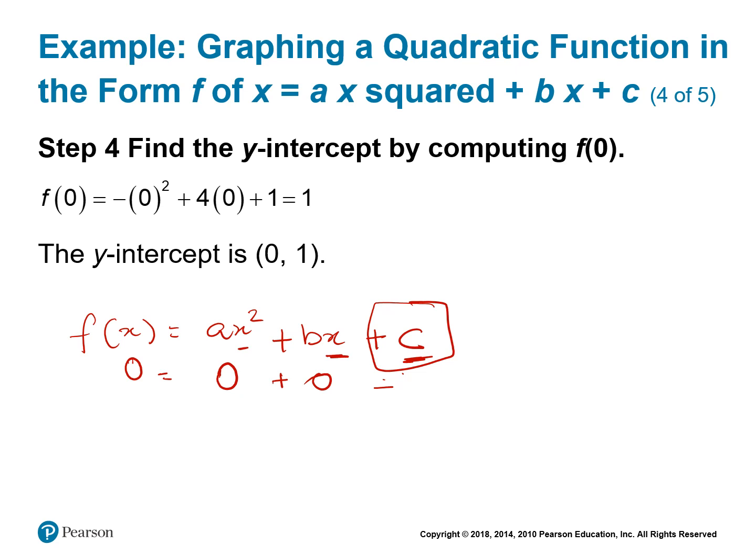So that's what they meant. So the y-intercept is 0, comma 1, because the constant term here was 1. So now we'll go into step 5 and graph the function using the different coordinates that we found.